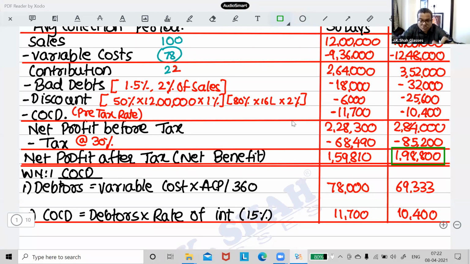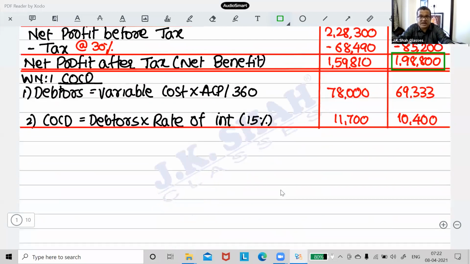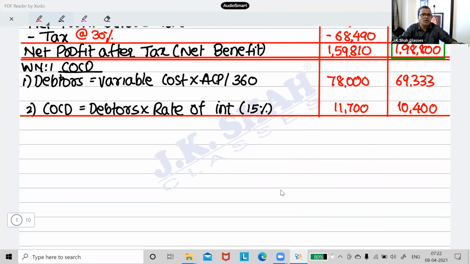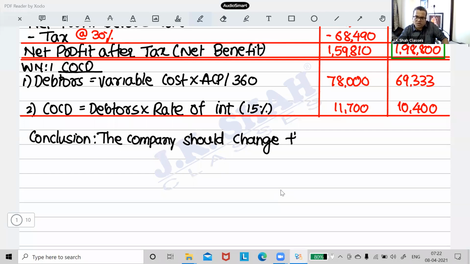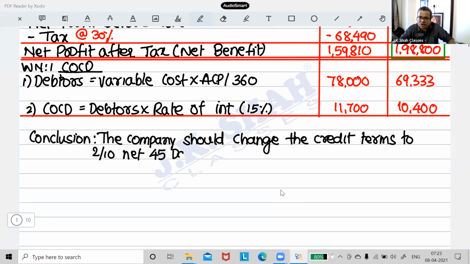So the company is asking you, should the company change the credit terms? So we'll write over here. Come on, write conclusion. The company should change the credit terms to 2 by 10 net 45 days.